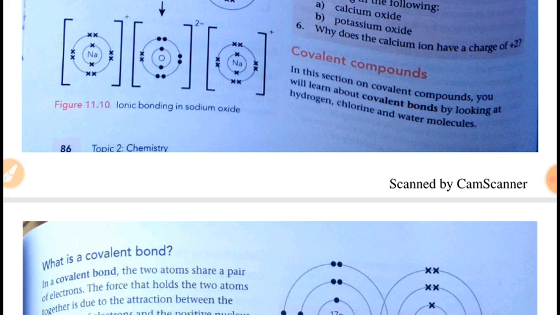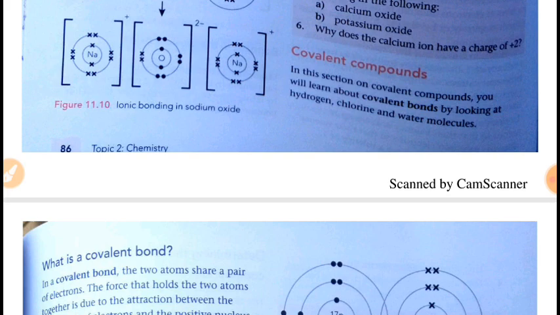When a metal loses electrons, it becomes a positive ion, and when a non-metal receives electrons, it becomes a negative ion. And the attraction between the negative ions and the positive ions will form an ionic bond.